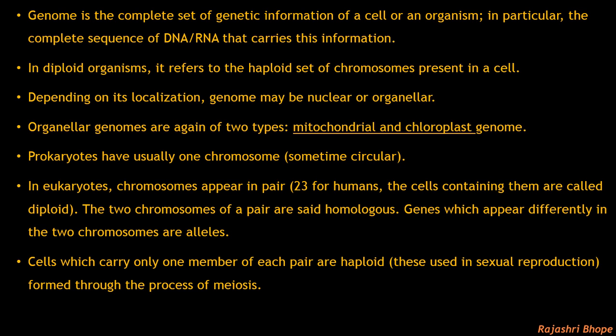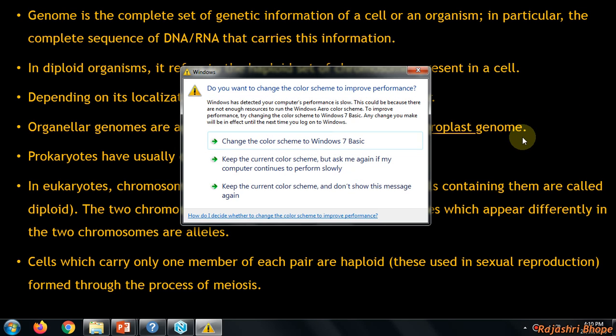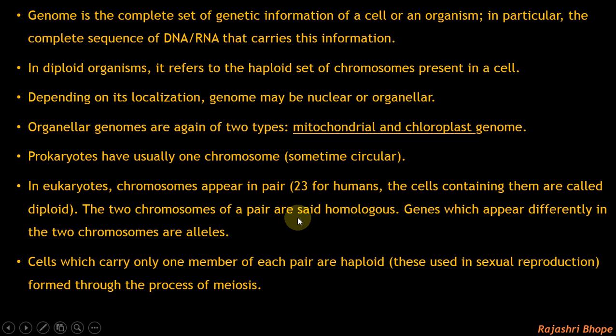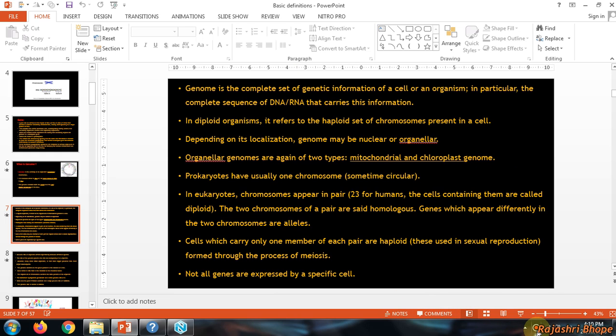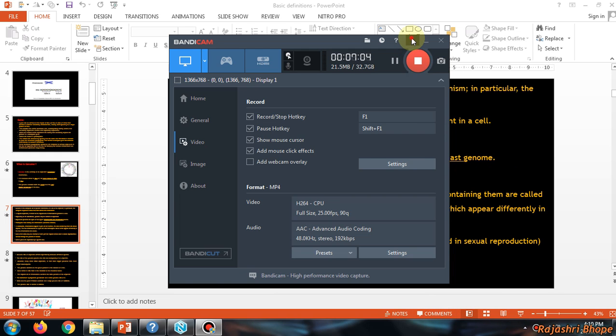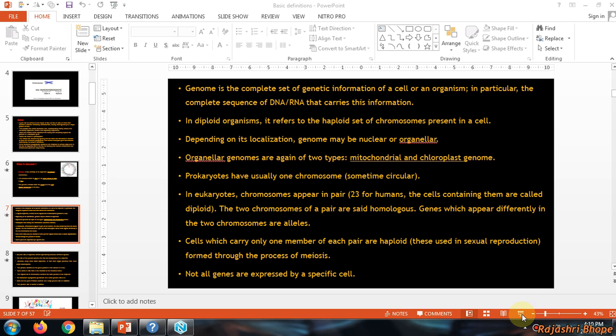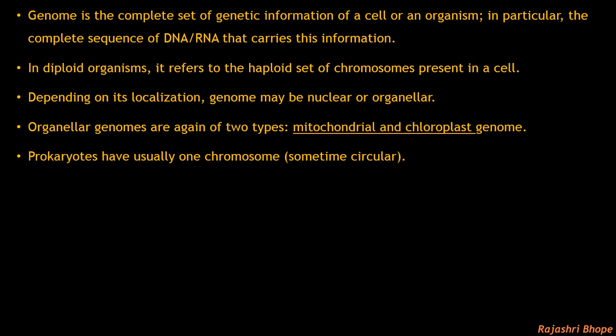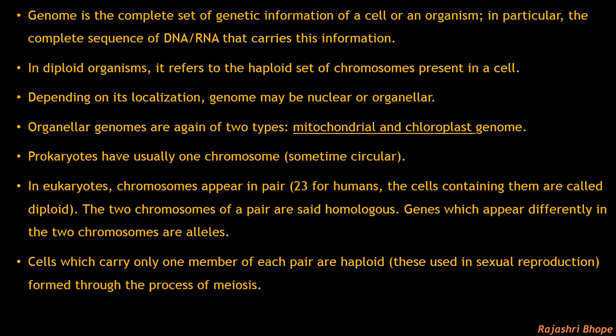A haploid set is selected from each of the parents. The haploid set of chromosomes is selected during the process of meiosis. Meiosis is reductional cell division.